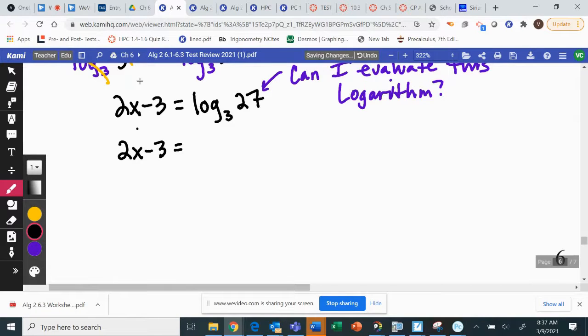No. Okay, so log base 3, I'm going to take 27 and make it a base of 3. What is 27? 3 to the third. So I didn't change anything. I just said, well, 27 is 3 to the third. But now that I said that, what can I do with log base 3 and the big 3? Cancel them out.